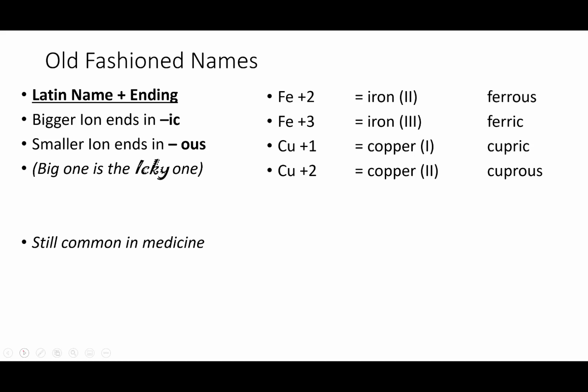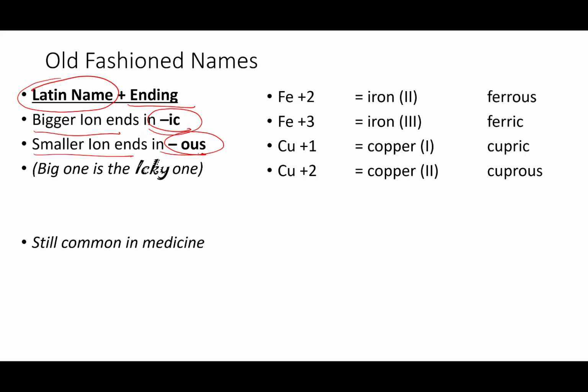Now, to make it a little more tricky, there is an old-fashioned way of indicating the differences between metal ions. The way this was done is the Latin name was followed by an ending, and the ending indicated if we were using the larger ion or the smaller ion. The larger ion ended in ic, and the smaller ion ended in us.